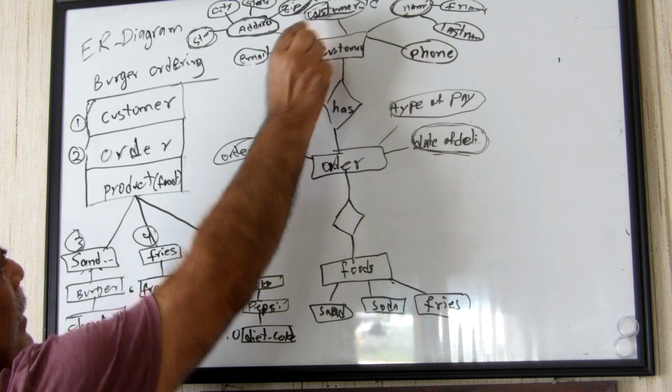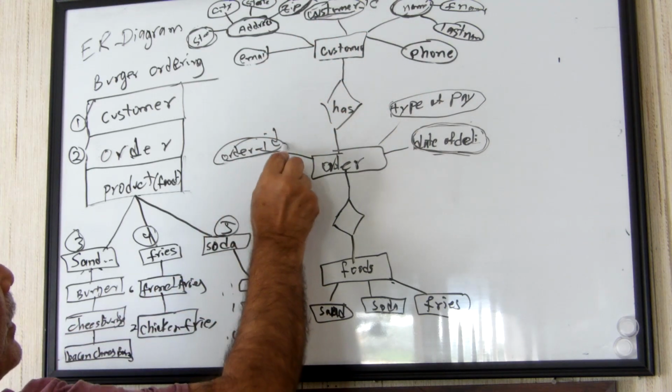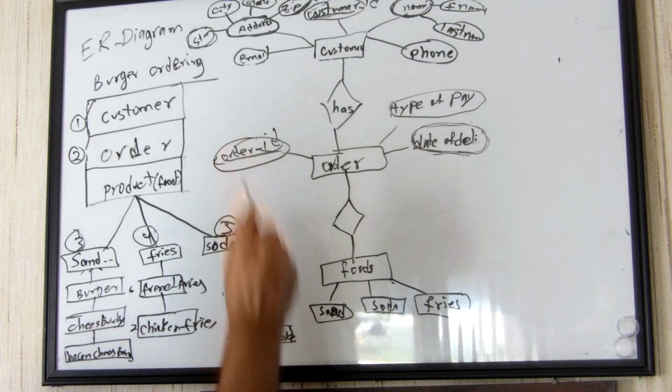Okay, that's it. We're going to talk about primary key and foreign key right now.